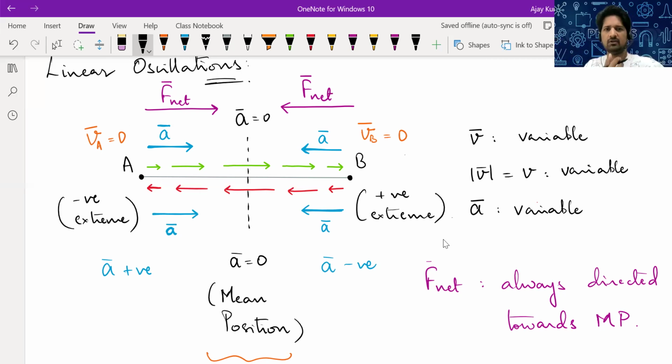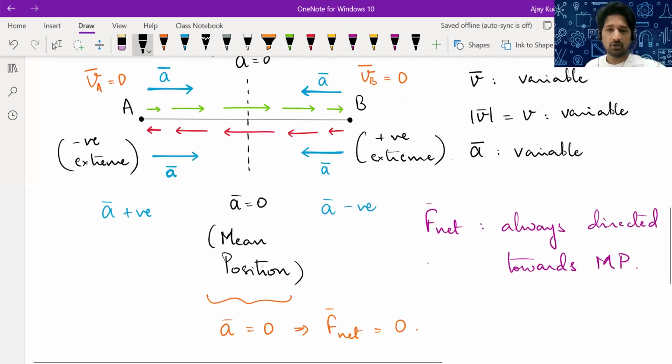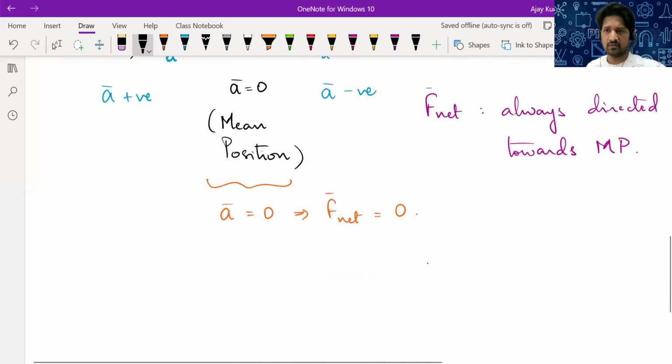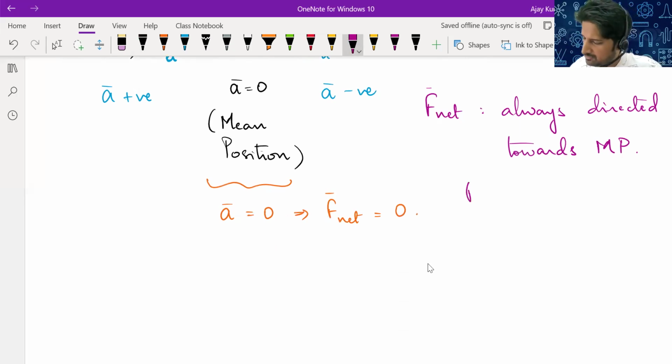That is how it effectively oscillates. Okay. Now, the force, since it is always directed towards mean position, basically what the net force is trying to do is, it is trying to keep the object at the mean position. It may succeed in that or not, that's a different story, but it is trying to keep it at mean position. So we call it as a restoring force.